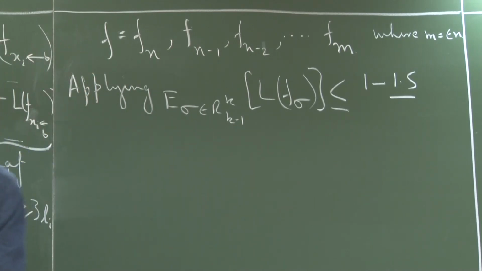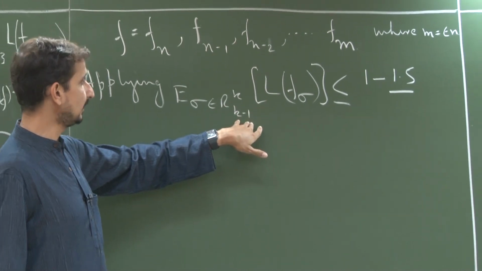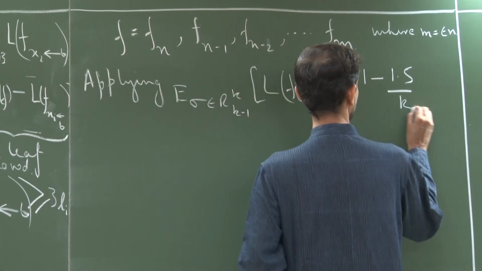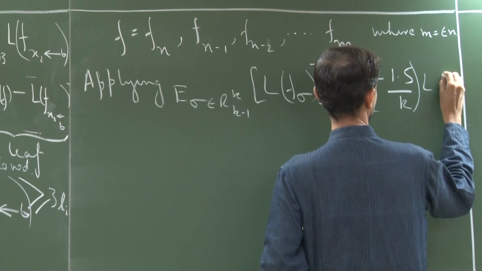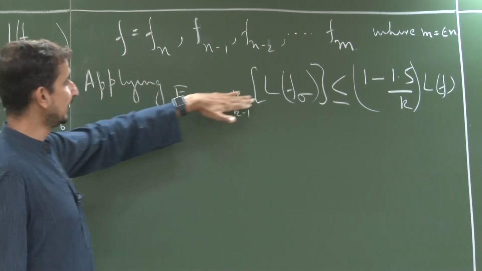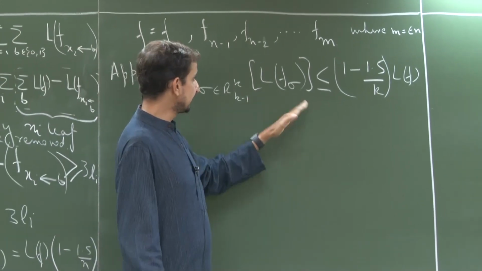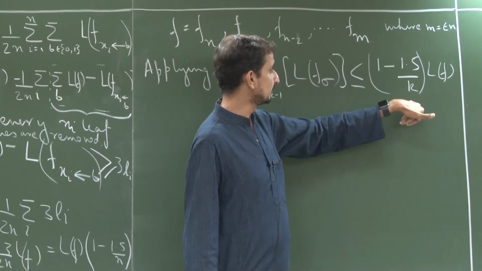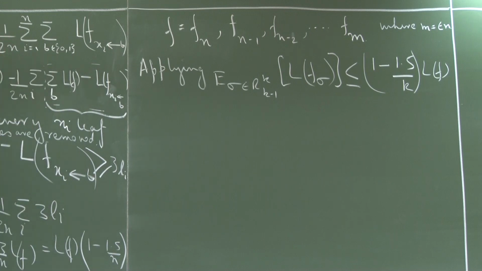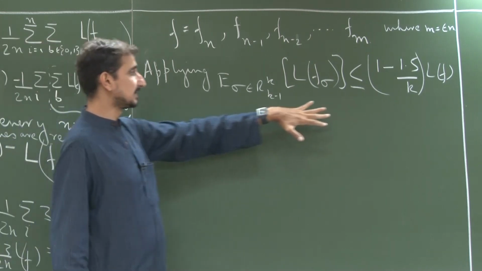Here I am restricting from k to k minus 1, so the denominator is k, times L of f. So f is some k-variate function. If I keep on doing this again and again, I will get 1 minus 1.5 by k, whole to the power of epsilon n, and that would give me a way to obtain this theorem. But there is one problem in this application.